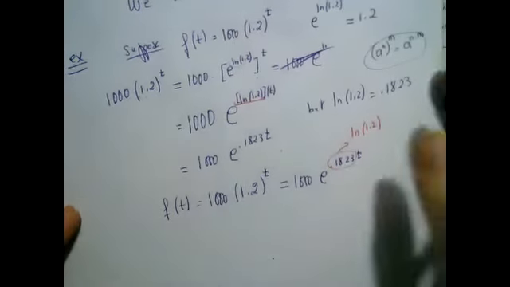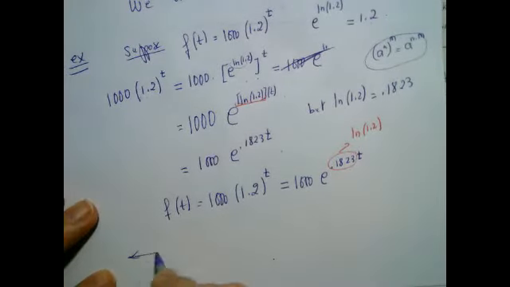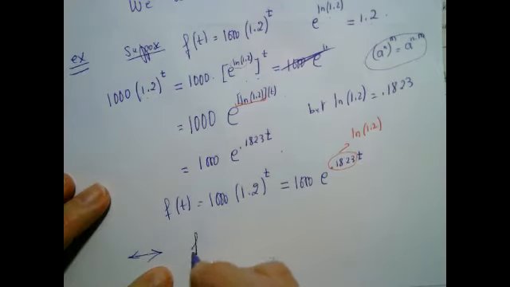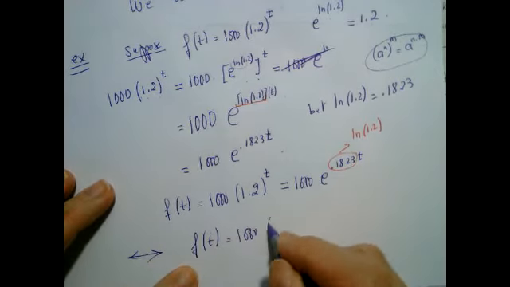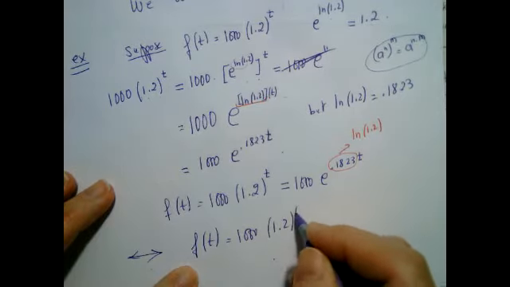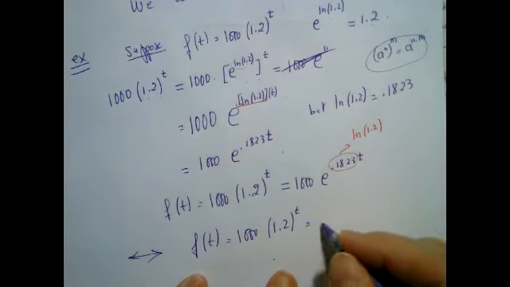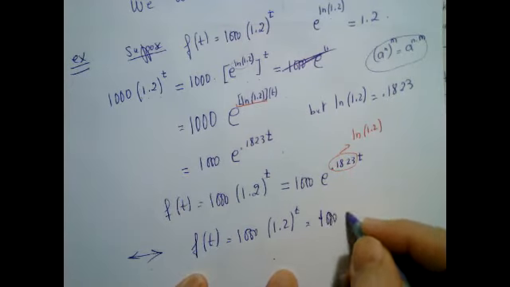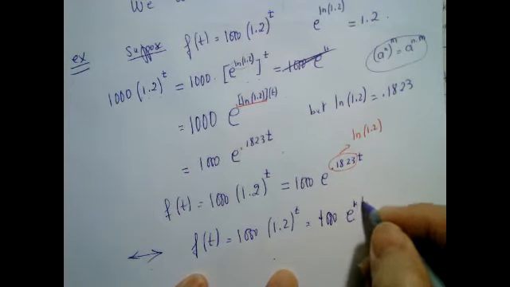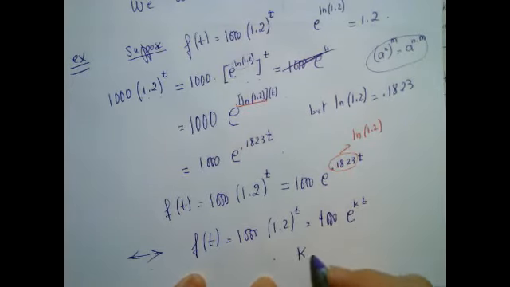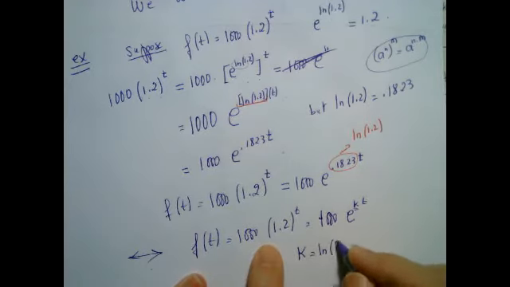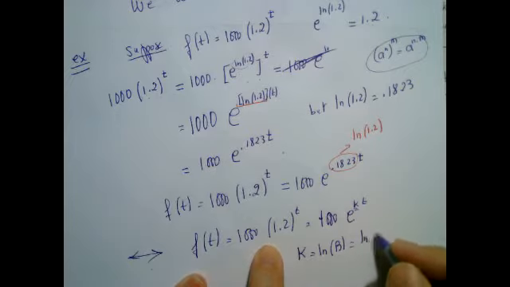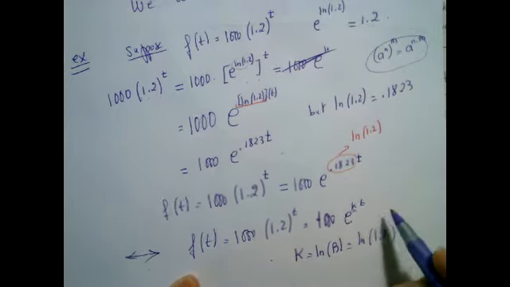Okay, so this means that f of t, which I rewrote as 1.2 to the power t, is equal to 1000 e to the kt, where this k here is the ln of b, which is the ln of 1.2.